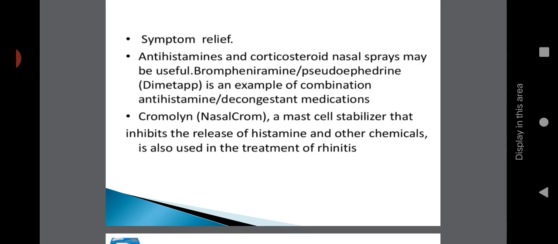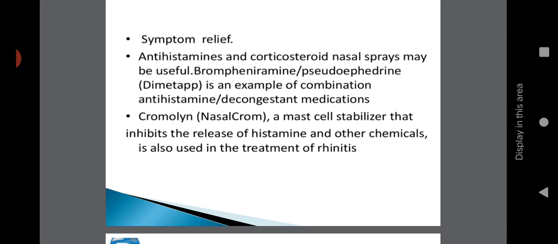Cromolyn is a mast cell stabilizer that inhibits the release of histamine and other chemicals, and it is also used in the treatment of rhinitis. Cromolyn usually comes in nasal drop form. We can call it nasal crom. We have studied that a protein attaches to the mast cell in the nasal mucosa.